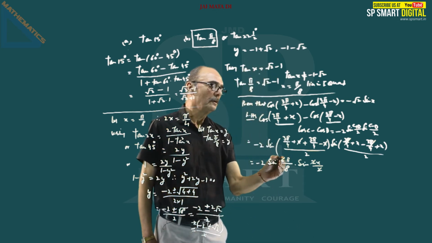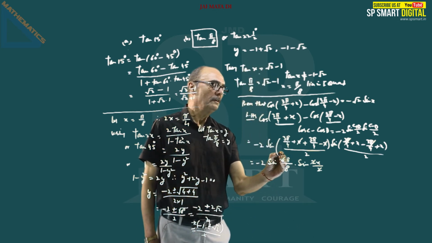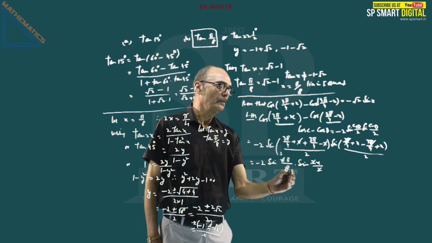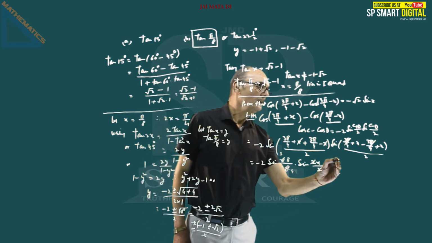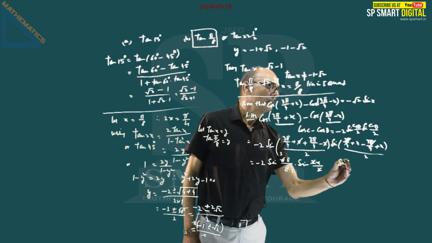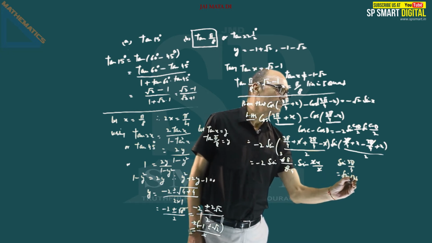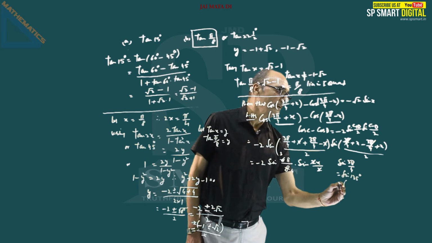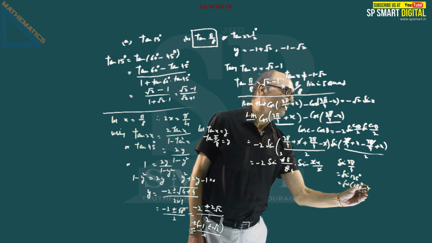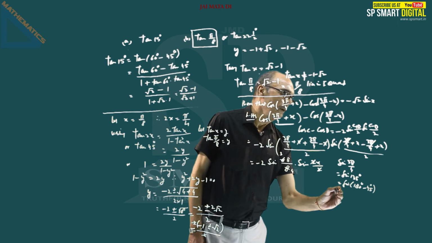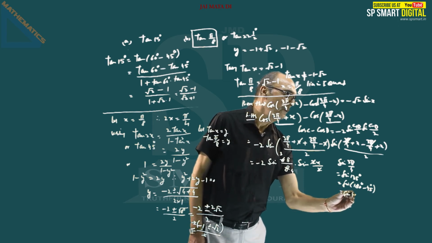So this is sin of 3 pi by 4, which means sin of 135 degrees, which is sin of 180 minus 45 in the second quadrant, and this is sin of 45 degrees, whose value is 1 by root 2.